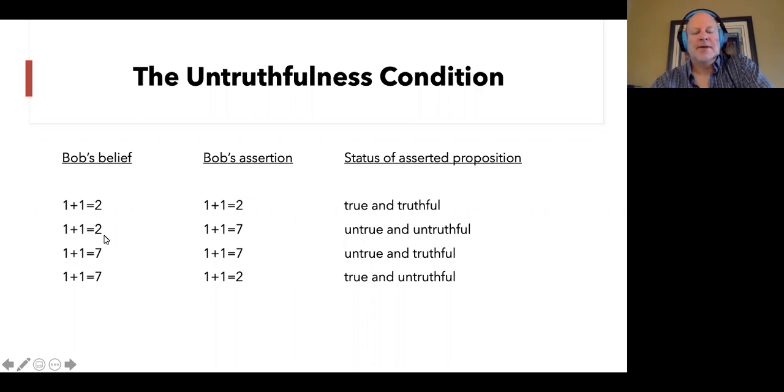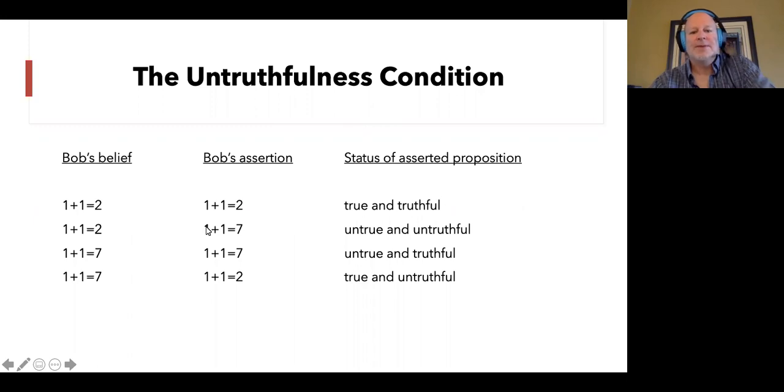Okay, second line. Let's say Bob believes that 1 + 1 = 2, which again is what he should believe, but he asserts that 1 + 1 = 7. So maybe he's lying, for example. Here, notice the status changes in both regards. The proposition he asserts, that 1 and 1 is 7, is untrue. Why? Because 1 and 1 is 2.